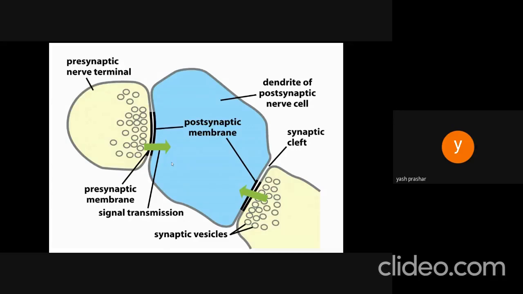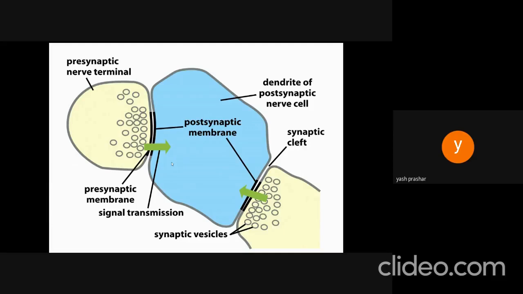We have a presynaptic nerve terminal having vesicles in which substances are stored, which are going to combine with the plasma membrane and finally get released. At the postsynaptic membrane, receptors are present, and whenever these released chemical moieties combine with these receptors, the process of signaling starts.